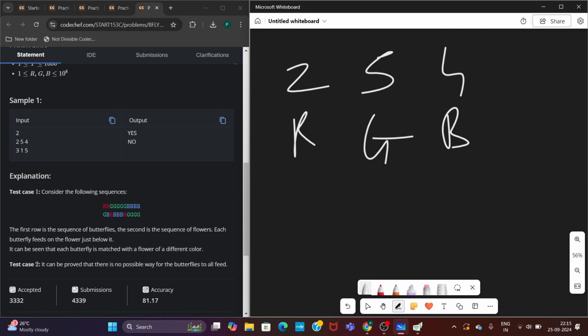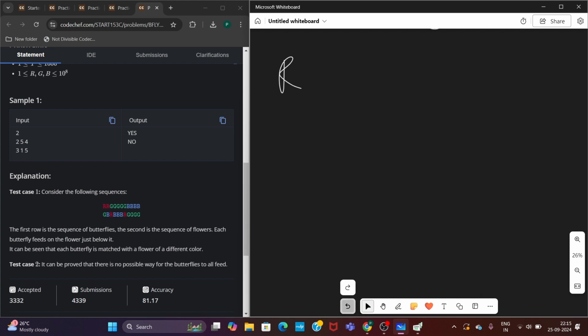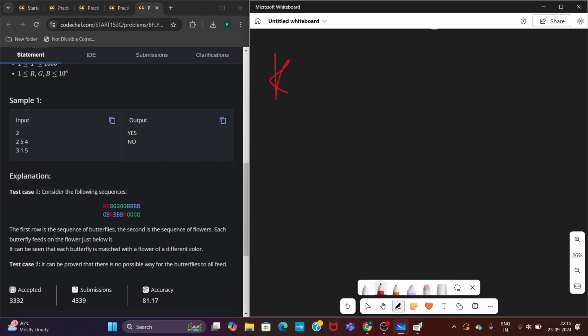In this format we have been given the counts, and these are the colors of both flowers and butterflies, both the colors we have been given. So now let's read over here. We have been given two reds, so two red butterflies. Let me change the color, so it will be easier for you to understand.